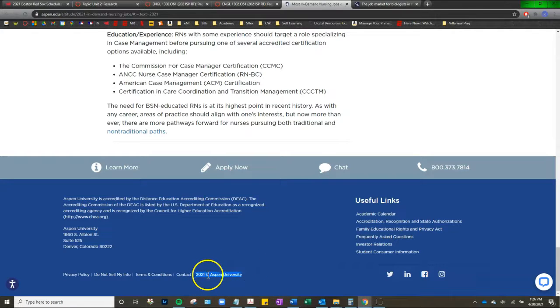And there we have, see the little C inside a circle? That's a copyright symbol. And this is when it was sort of copywritten. And this is who is responsible for the website, Aspen University.